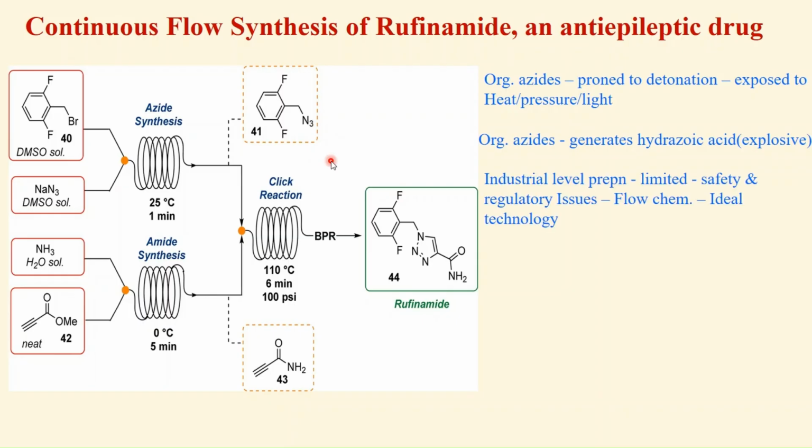Thus, for industrial level preparation, it is very much limited because of safety and regulatory concerns. Hence, flow chemistry is the answer for handling this type of hazardous reactions, handling hazardous intermediates.